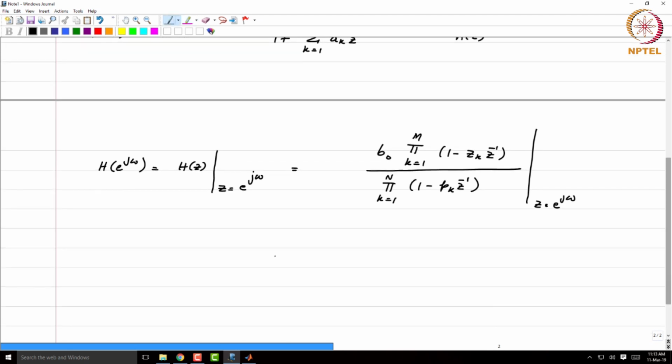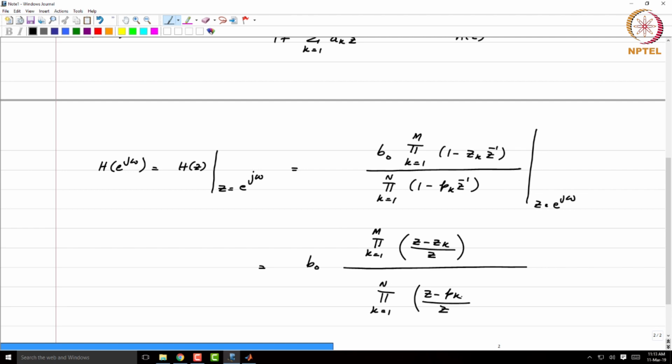And now we are going to evaluate this along the unit circle. Before we do that, let us do some further simplifications here. So, this is b naught, and this is the pi product going from 1 to M of z minus z_k by z. Similarly, in the denominator you have z minus p_k by z.